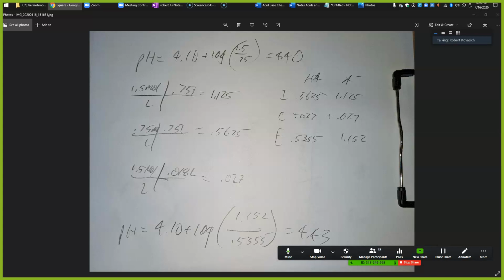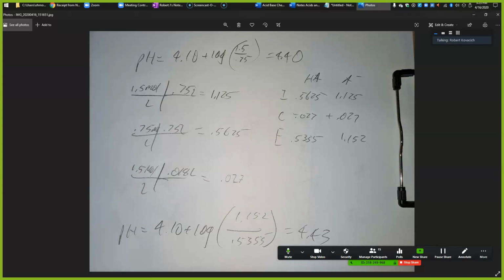Any questions on that? No. I think I'm starting to get it, the ICE table. Sure. The ICE stands for initial, change, and equilibrium.